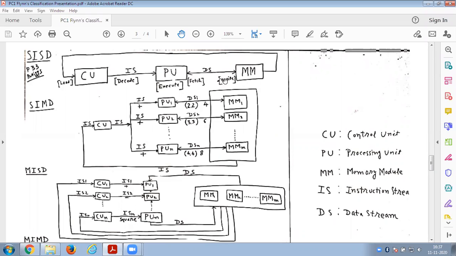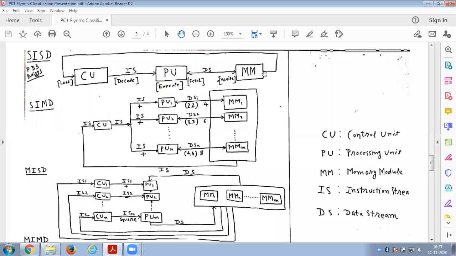But ALU is called the processing unit here. Processing unit, PU, is the same as ALU, and memory module means there is one memory which is divided into various small modules. So this is the control unit, this is the processing unit, this is the memory module. All three are parts of one CPU.